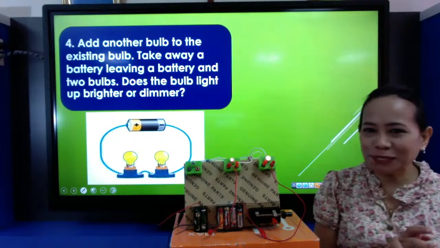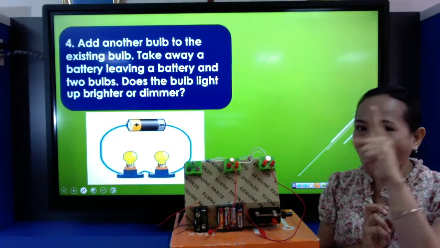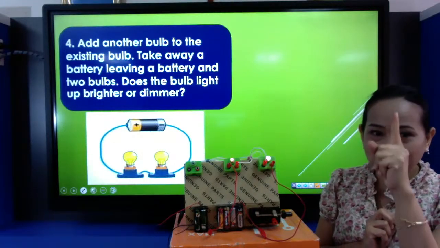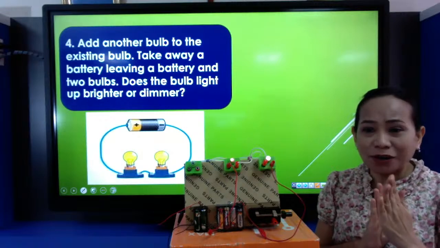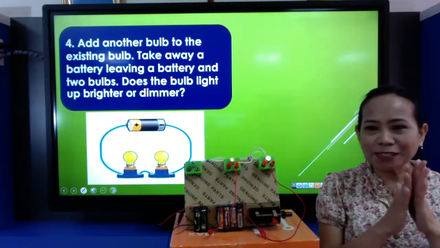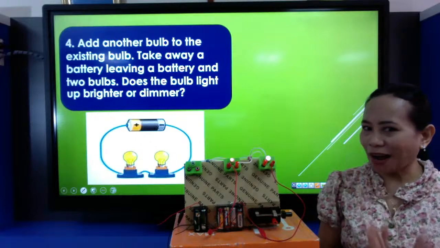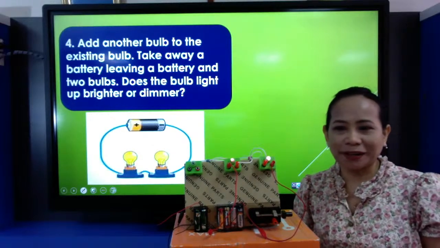What do you observe when we are using 2 batteries compared to 4 batteries with 1 bulb, and 4 batteries with 2 bulbs? So what is the difference between them? Which setup produces brighter light and which one is dimmer?